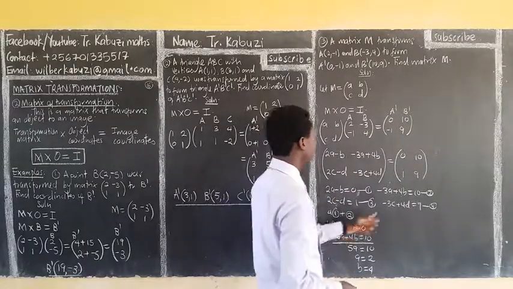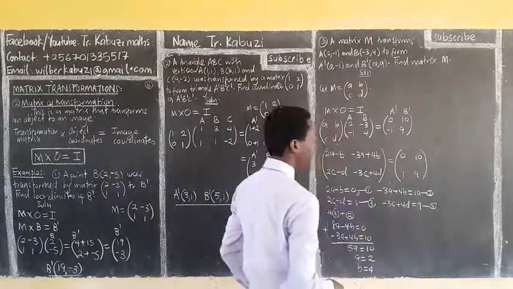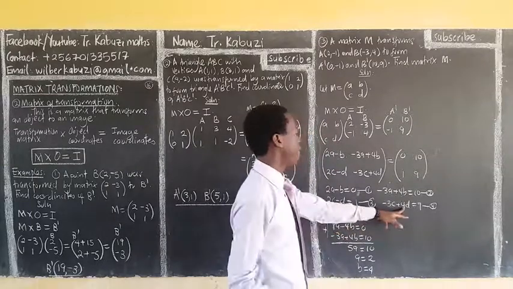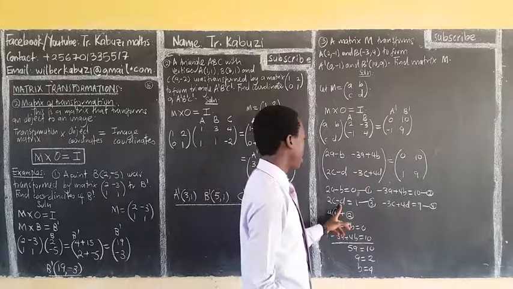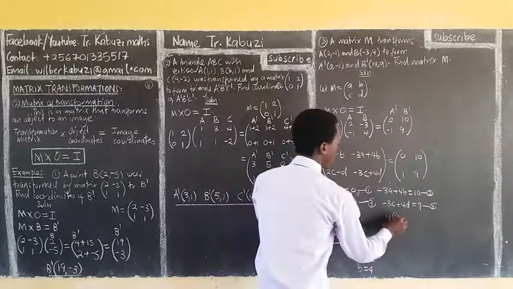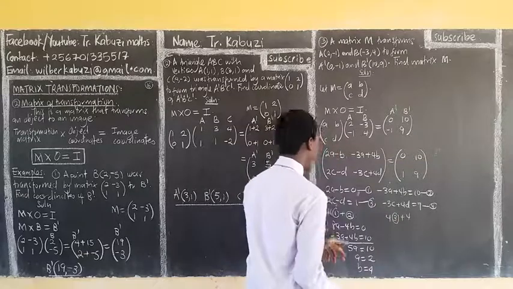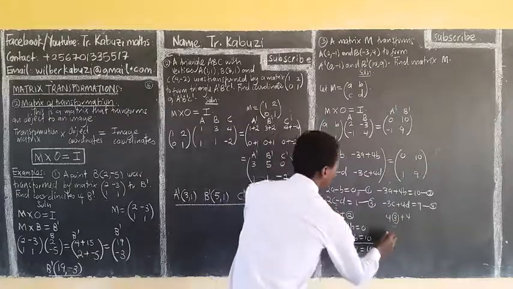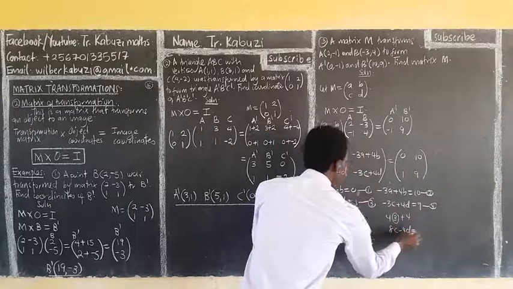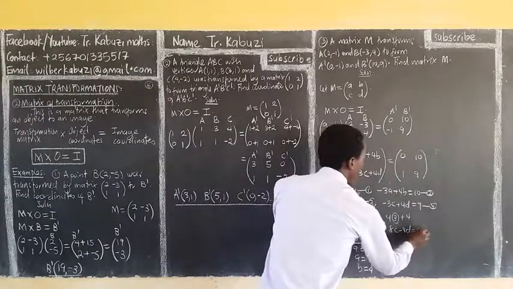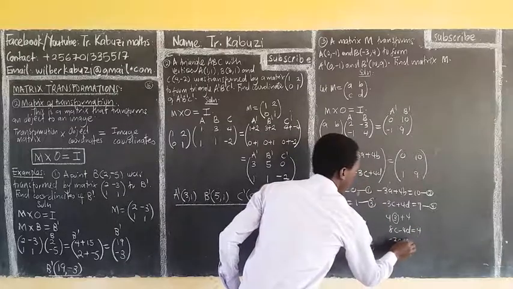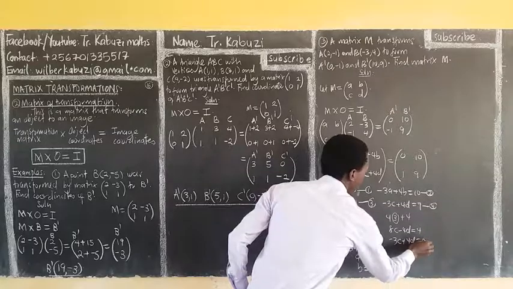Then this one, how are you going to solve it? This and this. You also see that I have 4 in the D, I have 1 here. So I just need to multiply equation 3 by 4, and we add in equation 4. I multiply here 4, I'll get 8C minus 4D equal to 4. Then this is negative 3C plus 4D equal to 9.